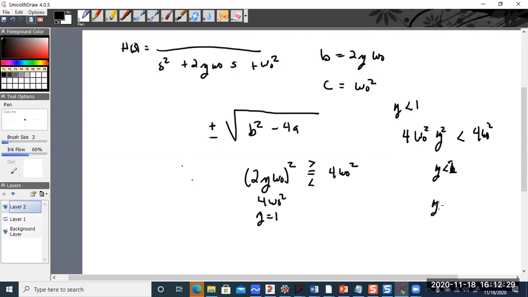And if zeta is greater than 1, 4 omega naught squared zeta squared is only going to make that greater, right?